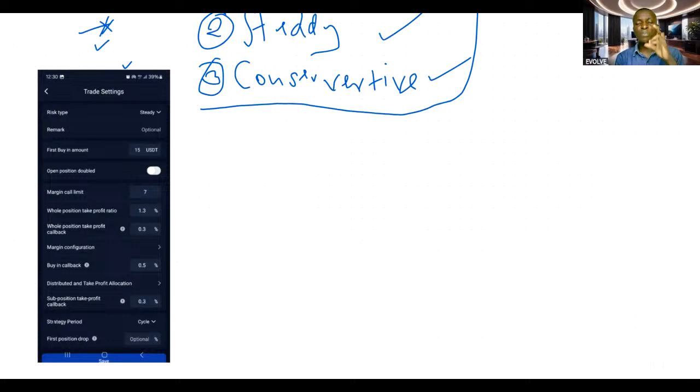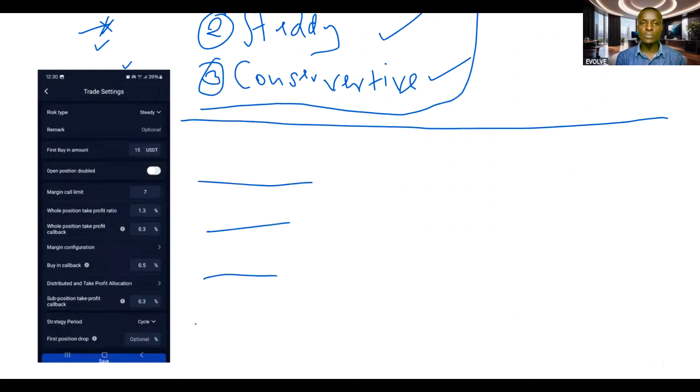Now, these risk profiles are to help you put shock absorbers down here after opening the first position. So you have opened the first position. The moment you enter the market, you have positioned yourself.